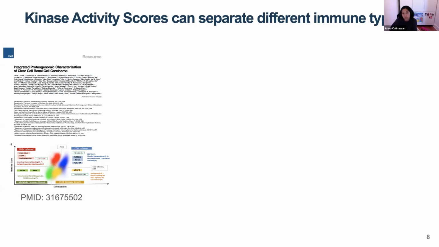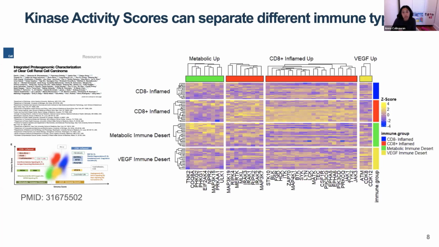So one line of questioning that we're following is whether there are kinases, based on these kinase activity scores, that can distinguish one immune type from the other immune types. This is just a heat map showing the different kinases that can distinguish one immune type as compared to the others: CD8 minus inflamed, CD8 plus inflamed, metabolic immune desert, and VEGF immune desert.